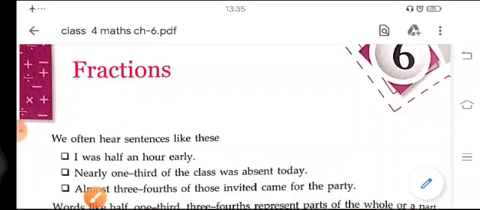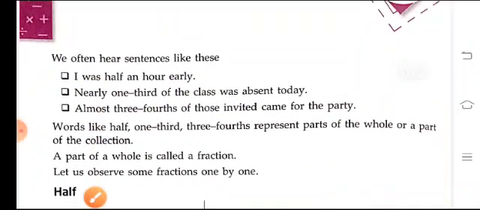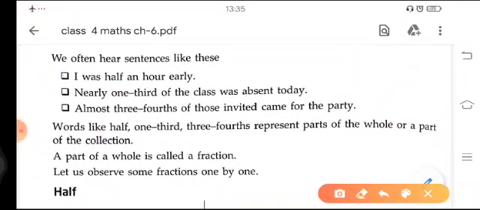Okay, so words like half, one third, three fourth represent the part of the whole or part of a collection. Either they are representing the whole of a collection or they are representing a part of the collection.